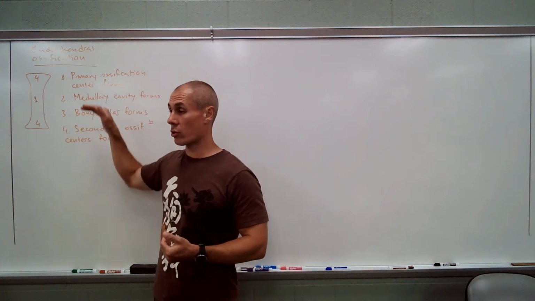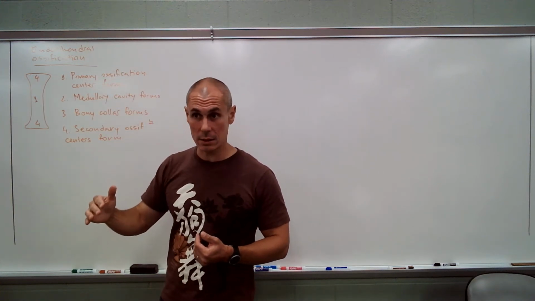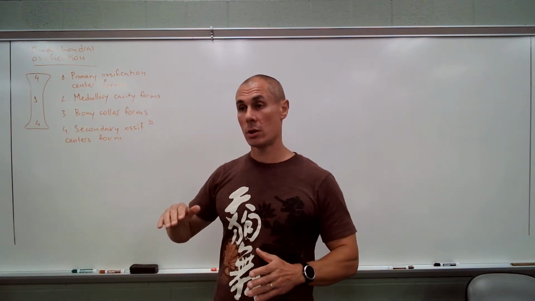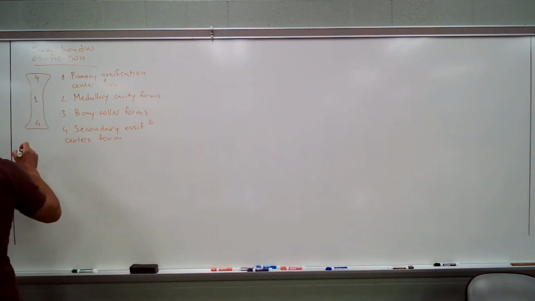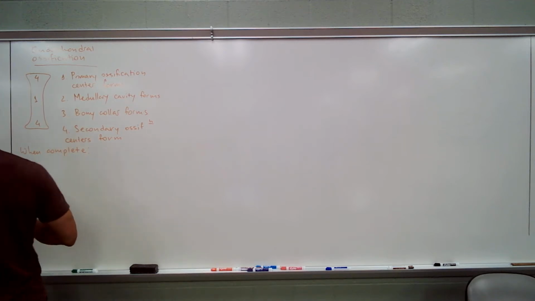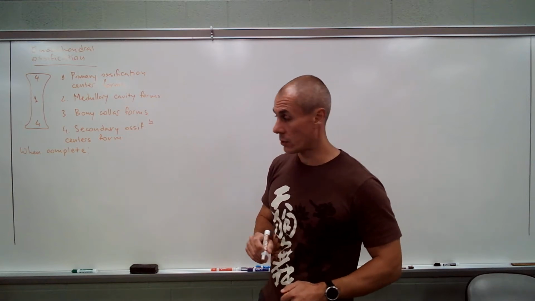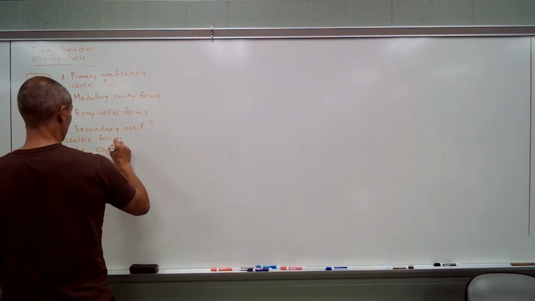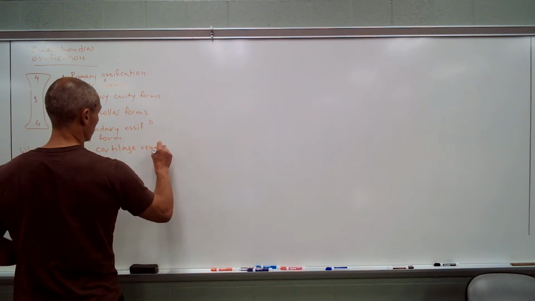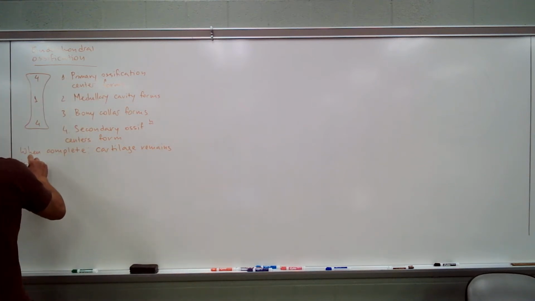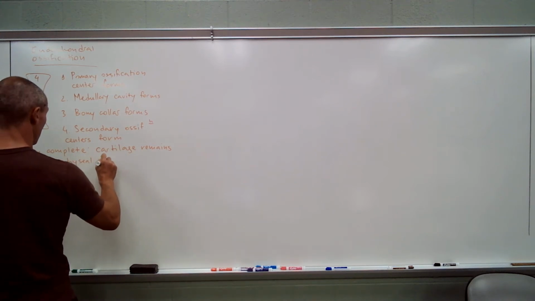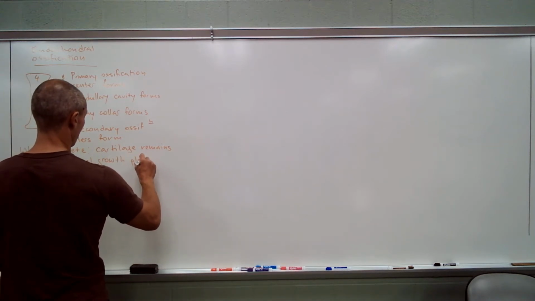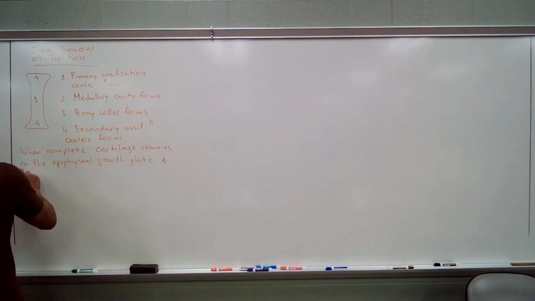So when endochondral ossification is complete, all the cartilage is replaced by bone except in the epiphyseal growth plate and on articular surfaces.